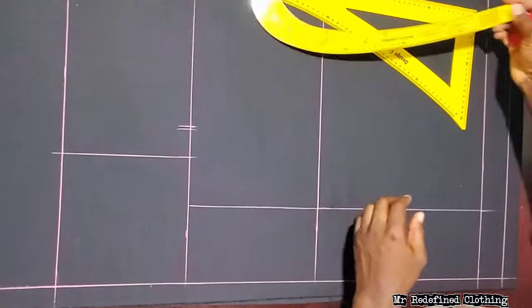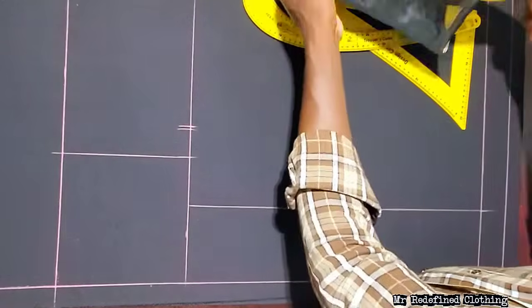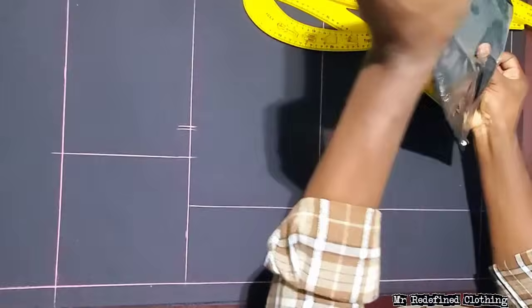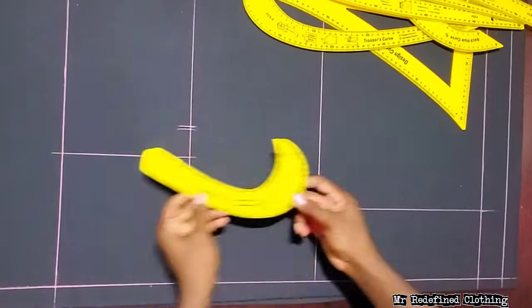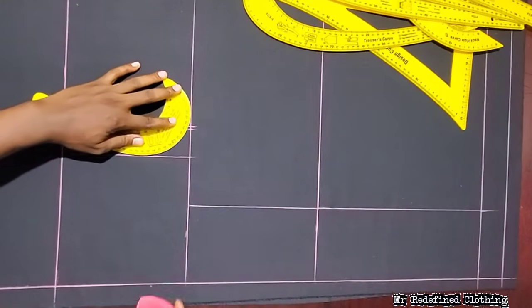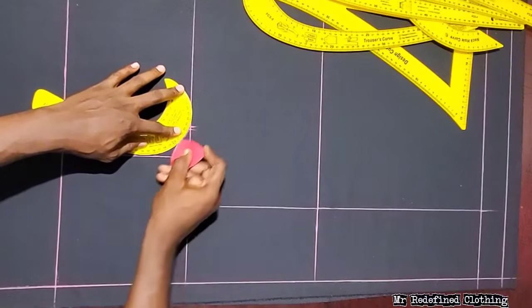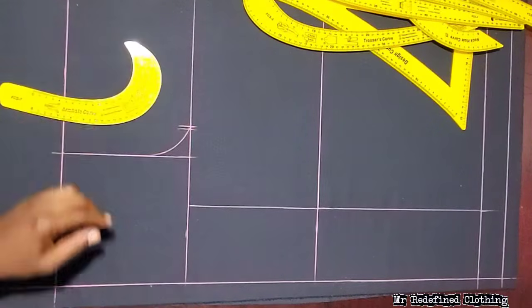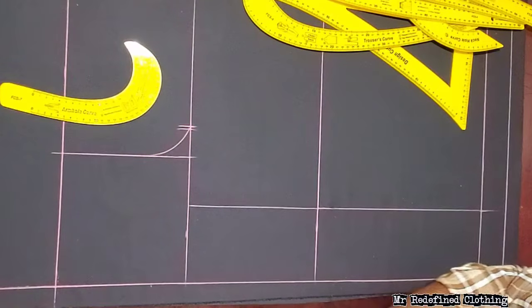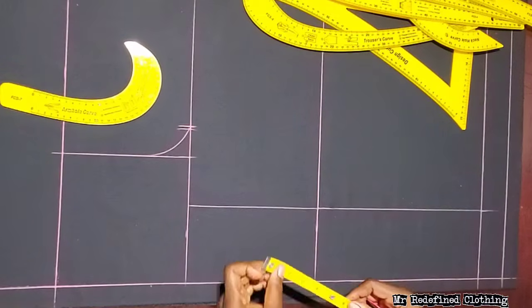So you bring out the rulers, so that you get the ones that you're looking for. Here, you place it this way, connect from that extension with a curve to this very point. And then the knee measurement we have is 14, that's 7.